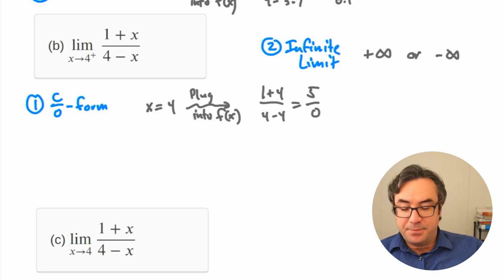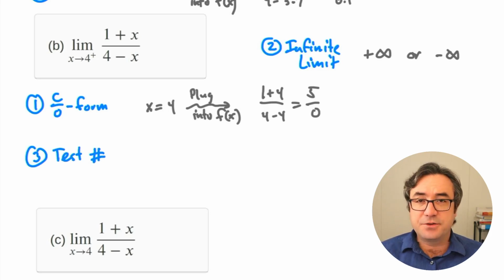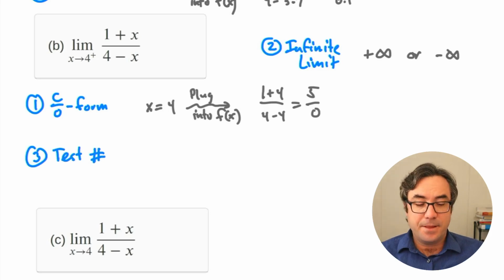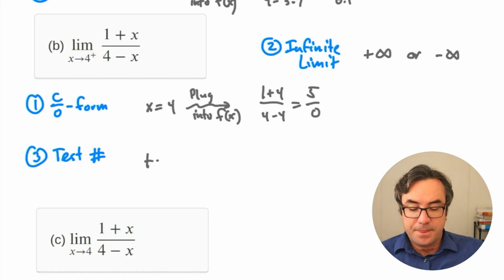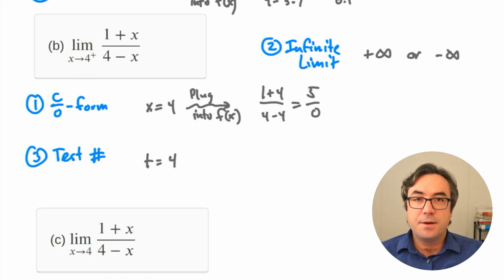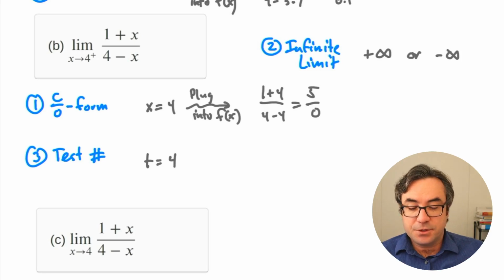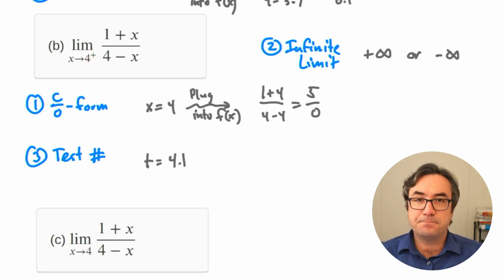So then the last step, step 3, is to pick a test number and see, are the values of your function positive or negative? So in this case, x is approaching 4 from the right. So our test number here should be close to 4, but now a little bit bigger. So add a little bit extra. So maybe 4.1.